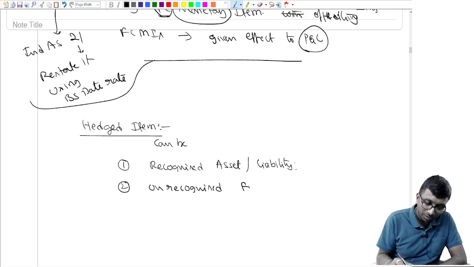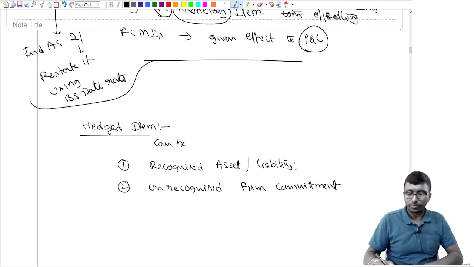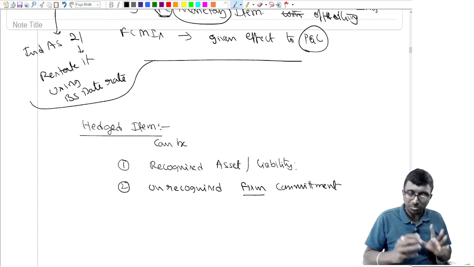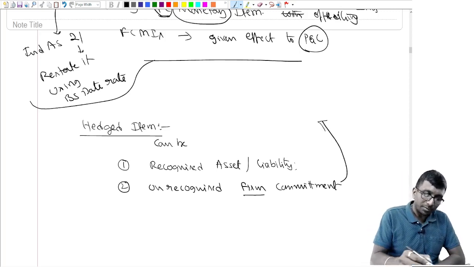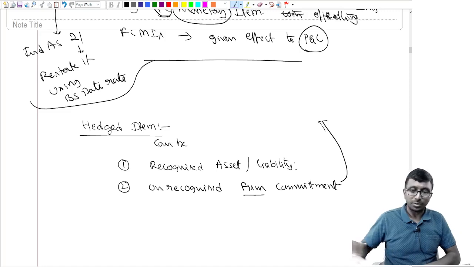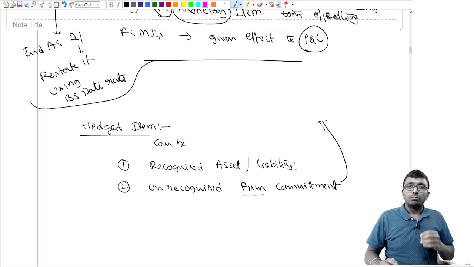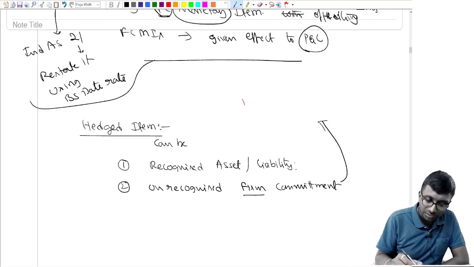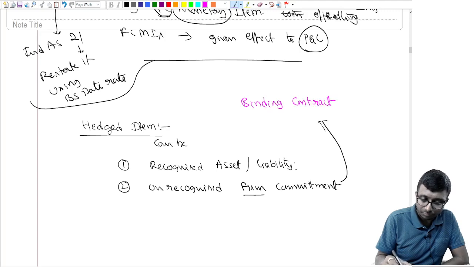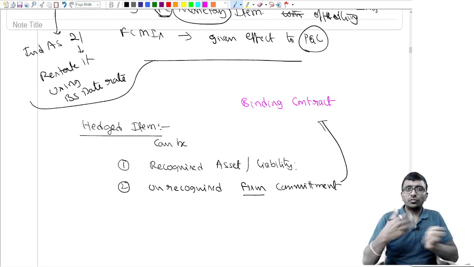Firm commitment means it is binding, basically. The company has entered into a binding contract for exchanging resources.